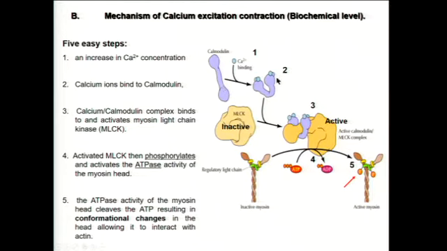And it now allows it to bind to another protein called myosin light chain kinase. So in the resting state, myosin light chain kinase is inactive. When calmodulin binds to it, it activates that kinase. And we all remember from those lectures what a kinase does.